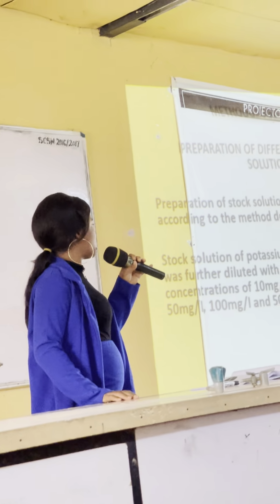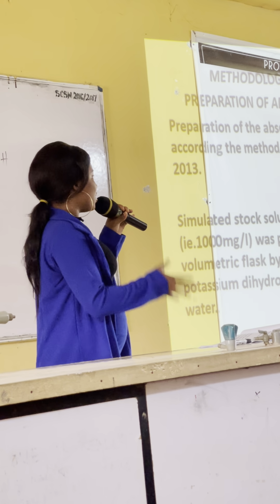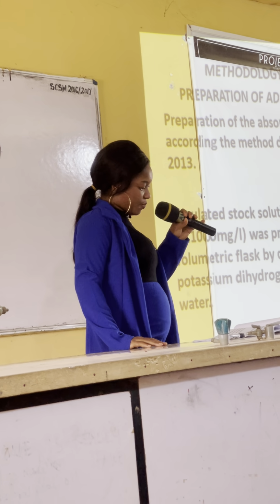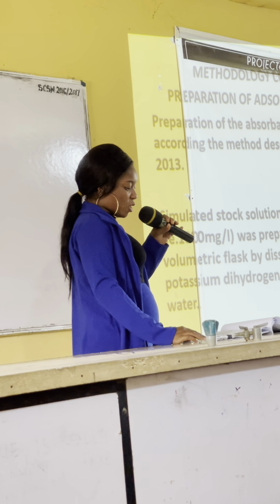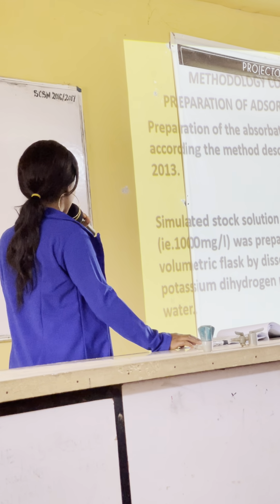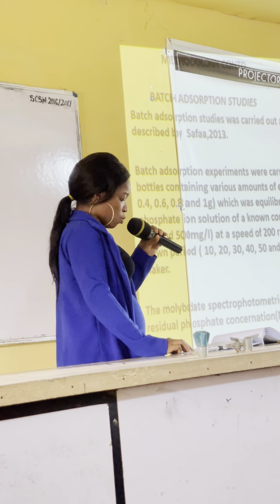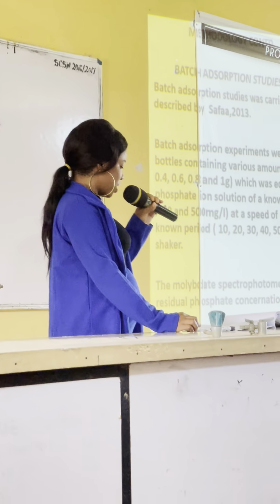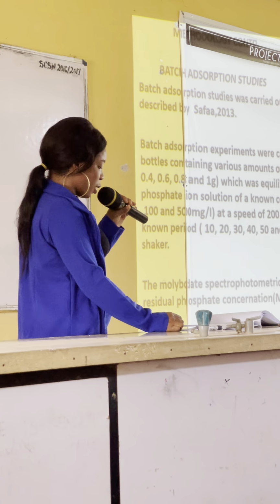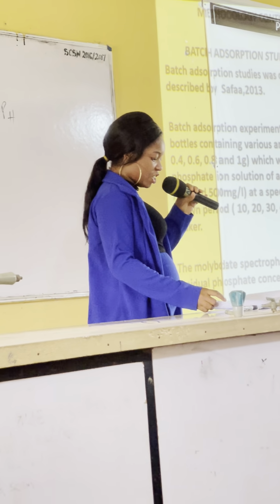Preparation of the adsorbate, which is phosphate, potassium dihydrogen phosphate. Preparation of the adsorbate was carried out according to the method described by Sampa 2013. A stock solution of phosphate ion was prepared in a 1000 ml volumetric flask by dissolving 0.2195 gram of potassium dihydrogen phosphate in distilled water.